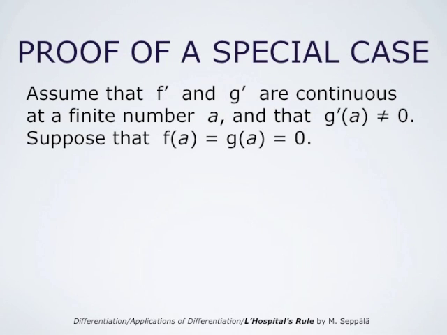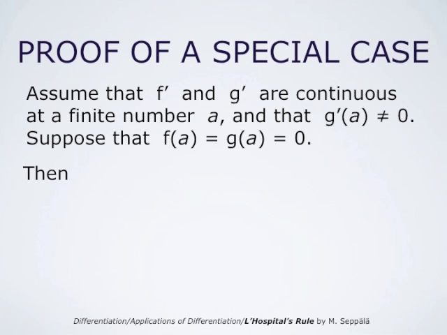L'Hopital's rule applies to limits as x approaches the limit point a of expressions of the type f of x divided by g of x. If f and g at the limit point a both take the value 0, and if g prime at a is different from 0, then L'Hopital's rule can be justified easily.